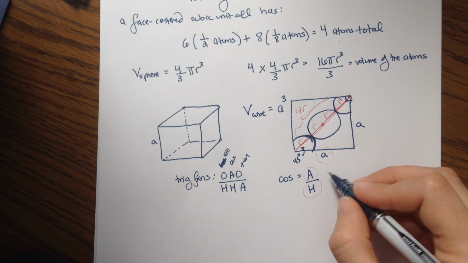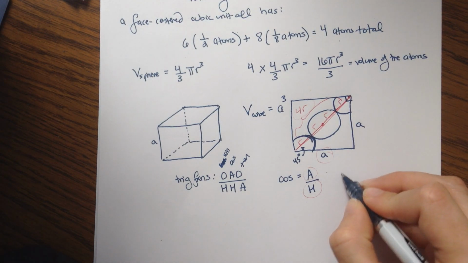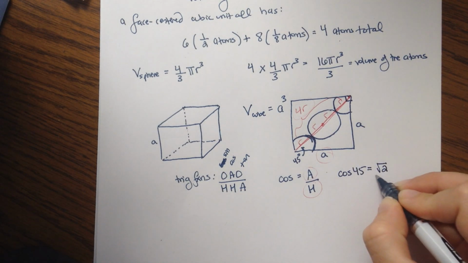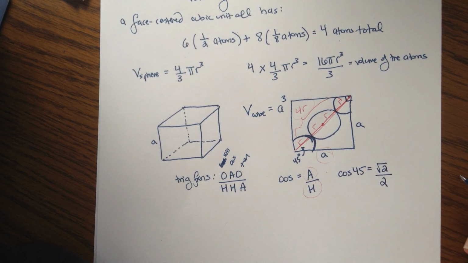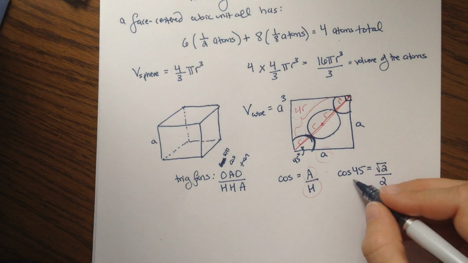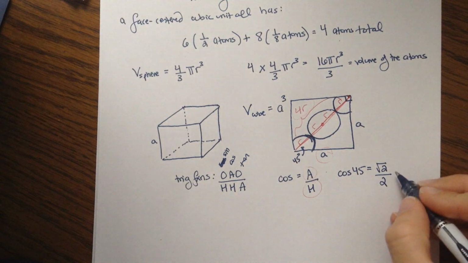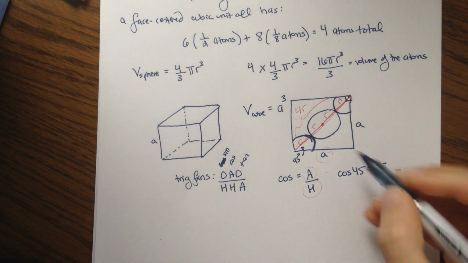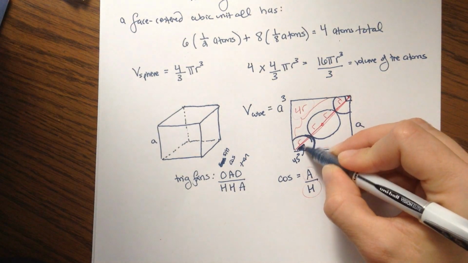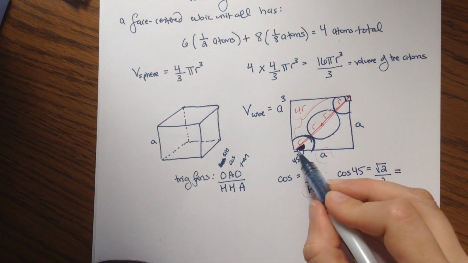The cosine of 45 degrees is equal to square root of 2 over 2. I'll go ahead and give you these trig functions on the exam, so don't worry about it. You don't need to memorize all of these. Might not be a bad idea, just in general, but you don't need to. So the cosine of 45 is square root of 2 over 2. We'll use this angle right here, the one I've labeled. So this is 45 degrees.